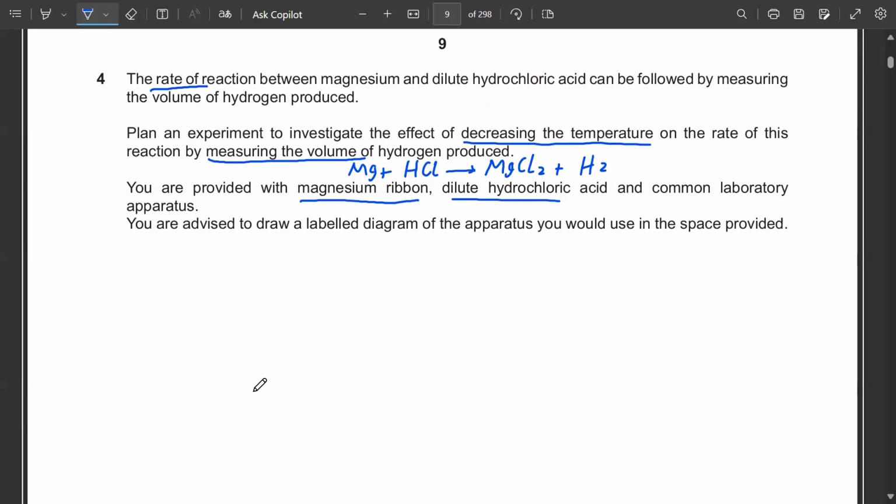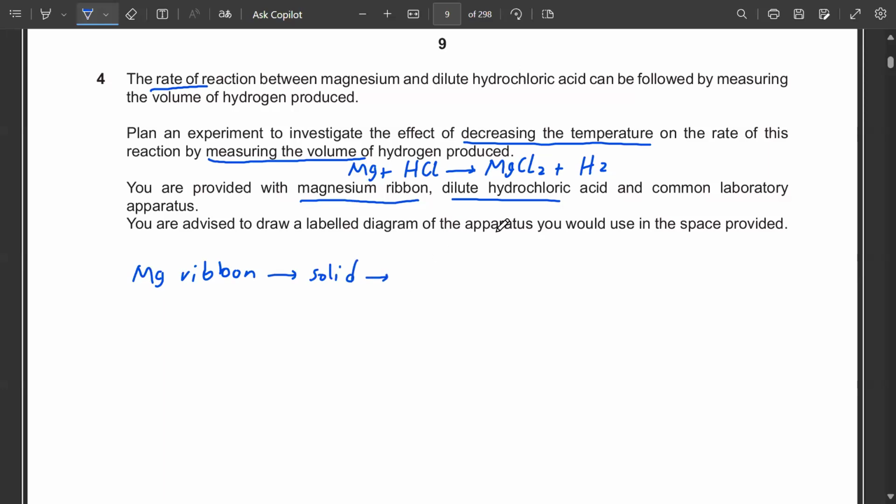All right. The first thing is that you should know which type of reaction it is. It is the reaction between metal and acid. So magnesium is given in the form of the ribbon. Magnesium ribbon is there, and it is a solid, which means it must have some sort of mass.